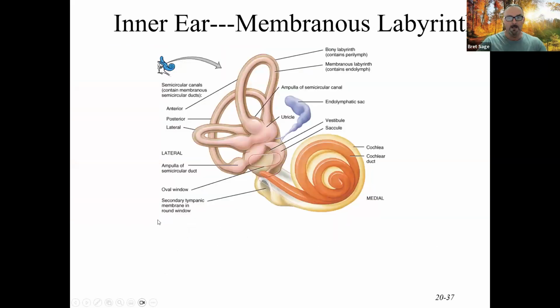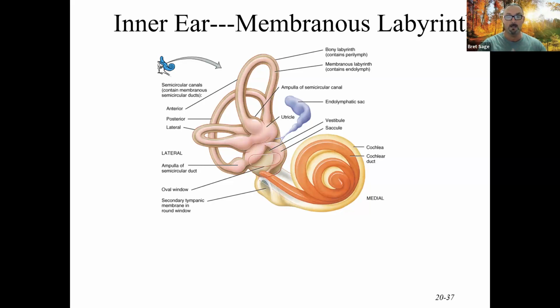Okay, so if we talk about the membranous labyrinth being kind of like a maze, it looks kind of like a maze if you were in there. So as I said, the vestibule and saccule, right here, this is involved in sensing gravity, and then the posterior, anterior, and lateral semicircular canals are involved in rotational acceleration.